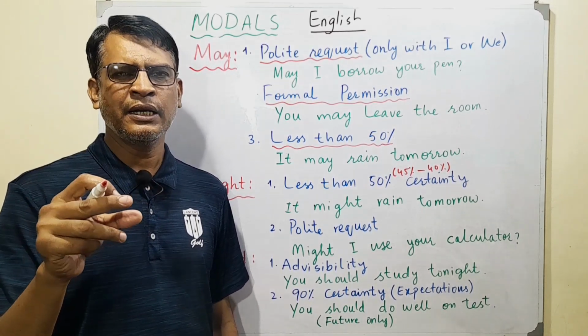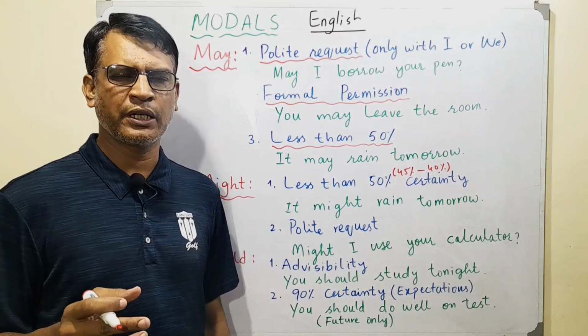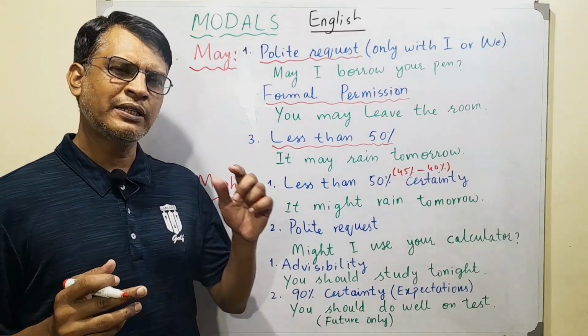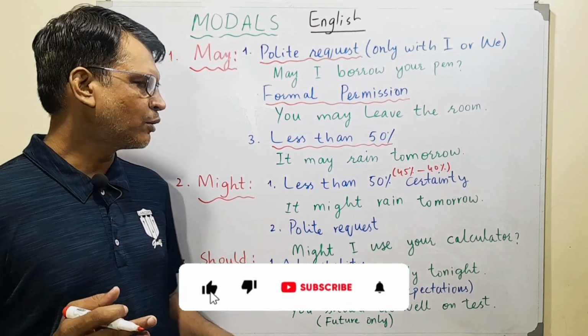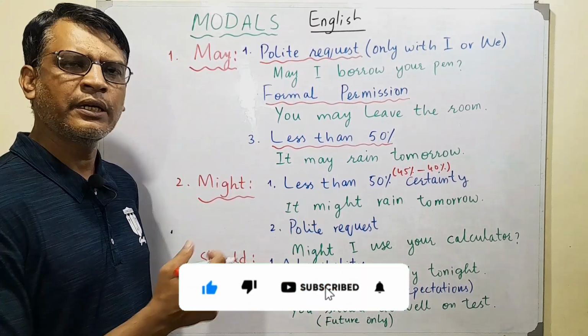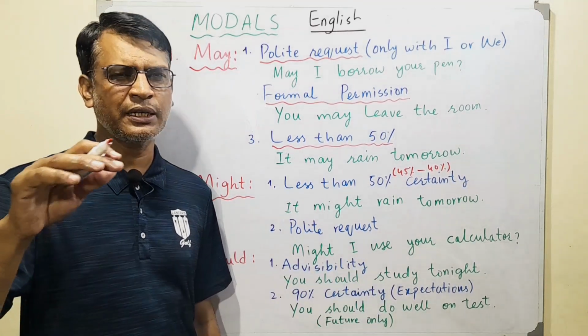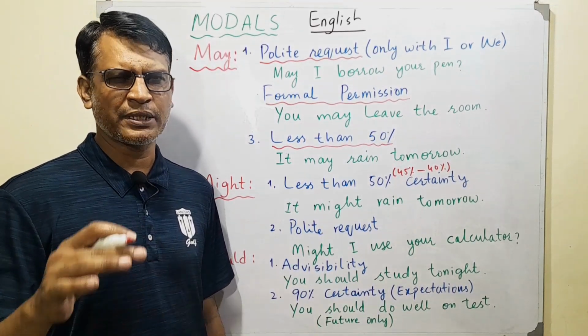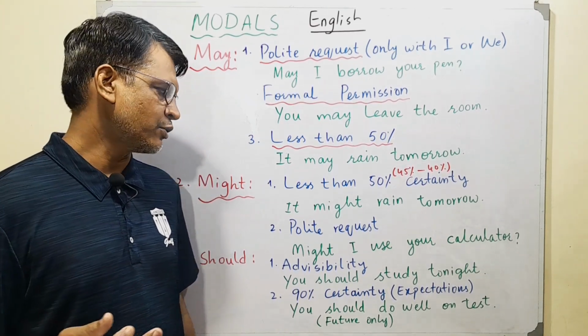And certainly there is a certain situation, certain circumstances in which the speaker is using them. So when there is a lesser possibility than may, we will go for might. An example is it might rain tomorrow. So there is a lesser possibility, 45% or 40%. That is the possibility that we have, therefore we are using it.